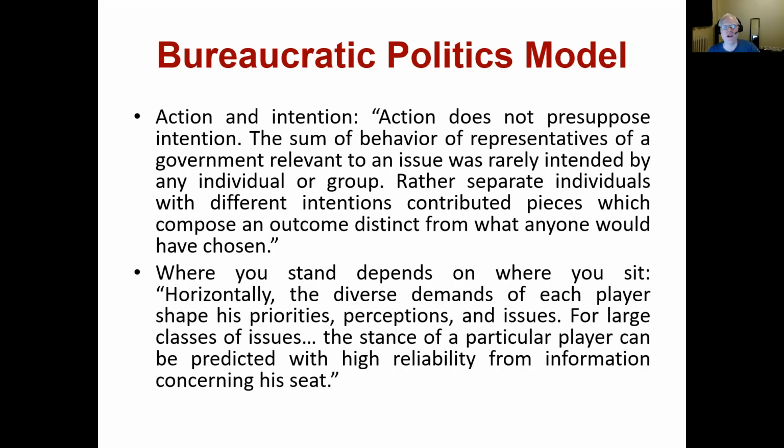Instead, each individual is suggesting means that are best for their individual organization, and the collective outcome of that often produces means that nobody really intended and that may not be the best for achieving the ends.